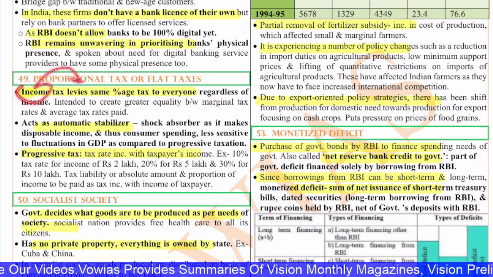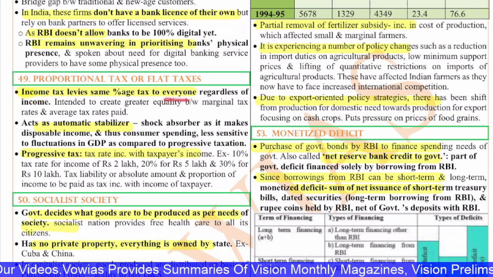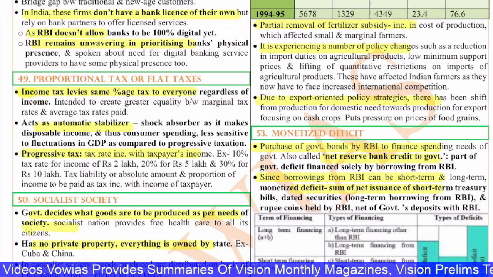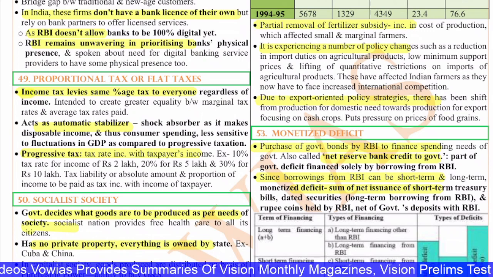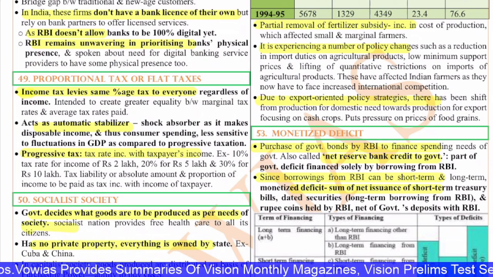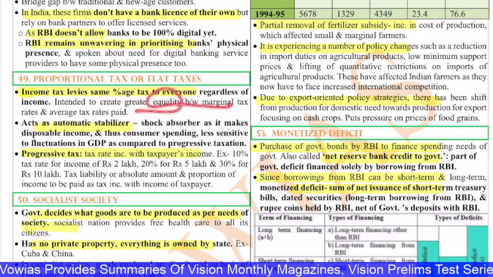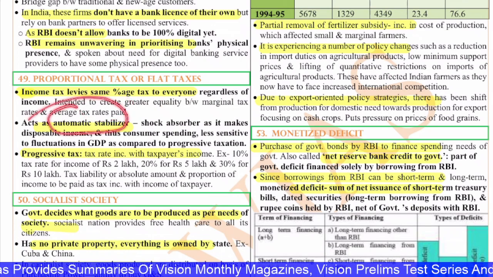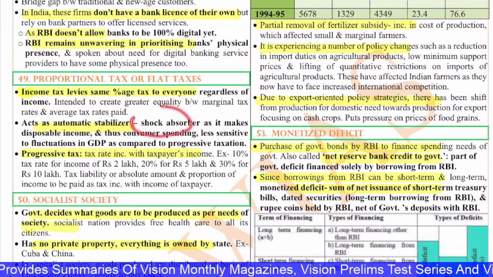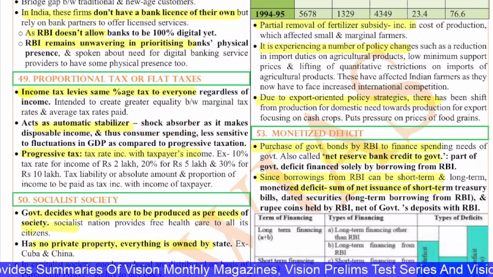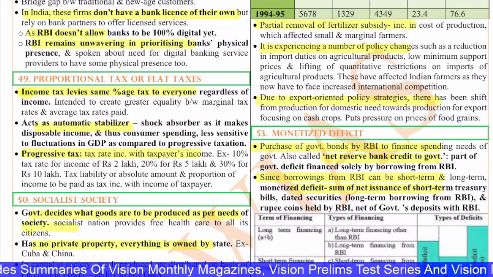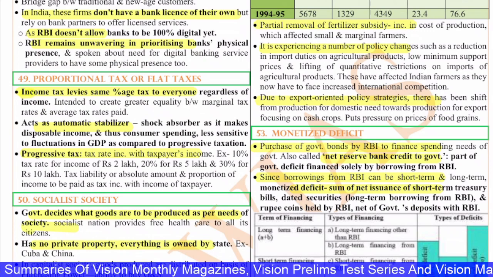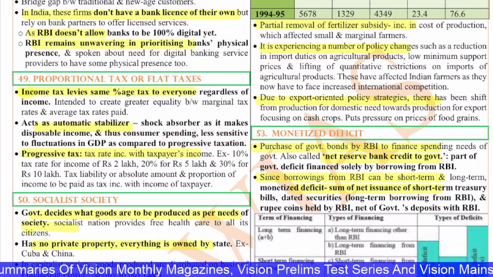Income tax levies the same percentage of tax on everyone regardless of the income. The idea is to create a greater equality between the marginal tax rate and the average tax paid. It acts as an automatic stabilizer, a shock absorber, and it makes disposable income and thus consumer spending less sensitive to fluctuations in GDP as compared to progressive taxation.